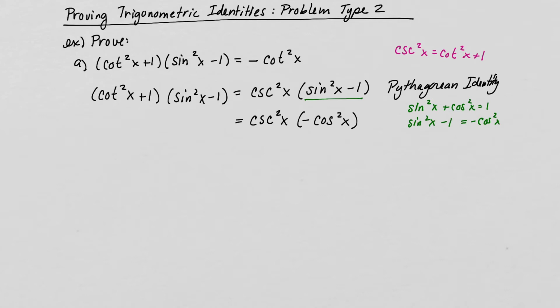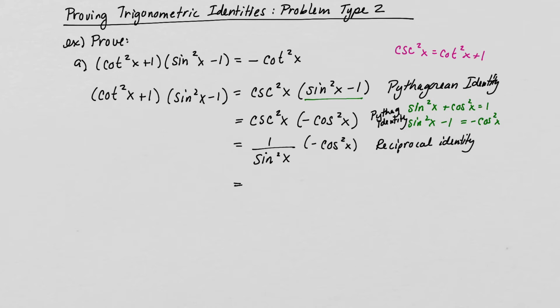And if we rewrite cosecant, so remember cosecant squared is 1 over sine squared x times minus cosine squared x. And I should really say that this step here too was also from the Pythagorean identity. And what I used here was the reciprocal identity. And so now, if I rewrite it again, this is going to be minus cosine squared x over sine squared x.